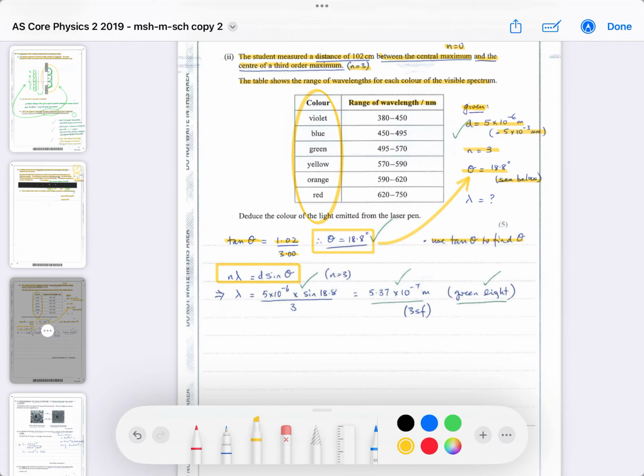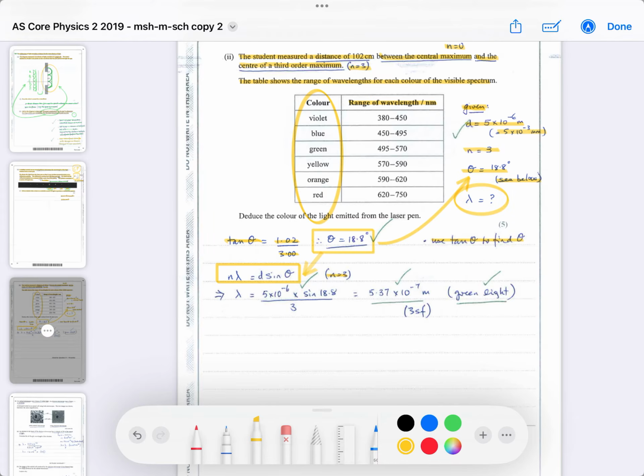So once you use tan to work out the theta, then you put the theta into this equation and you use it as sine. And in this equation we know n equals 3, and the only unknown then we have is lambda.